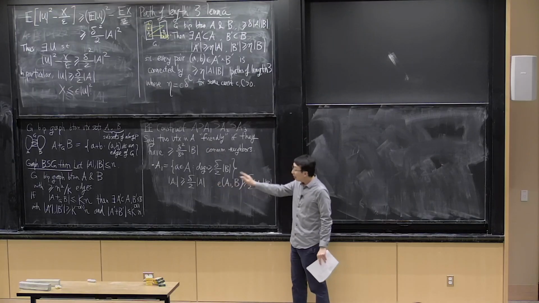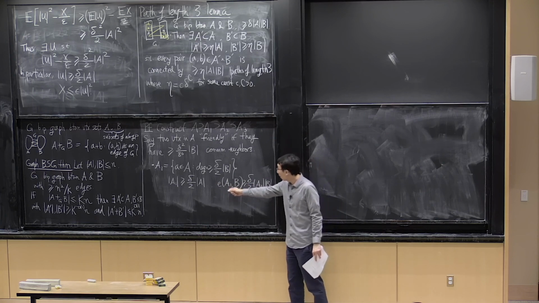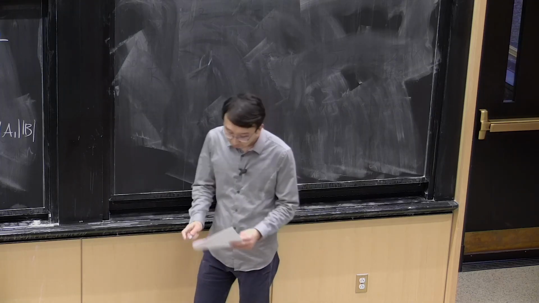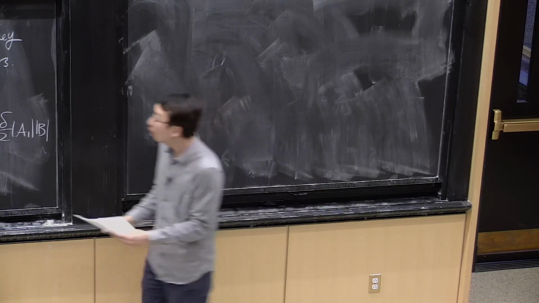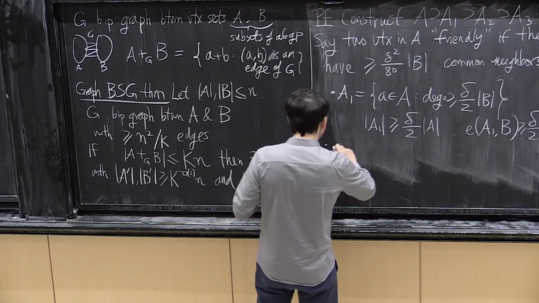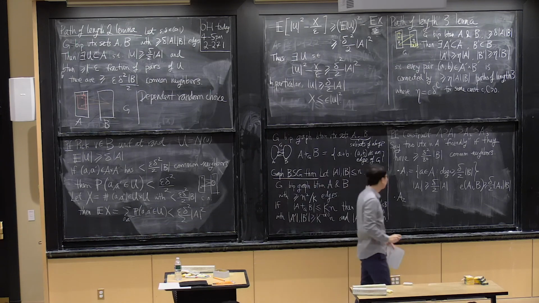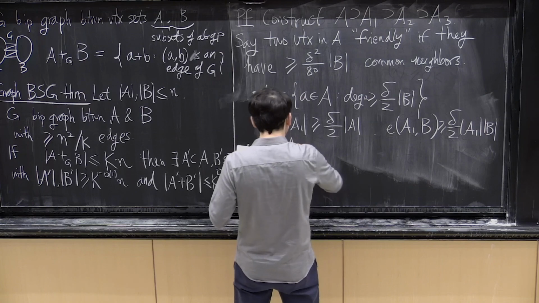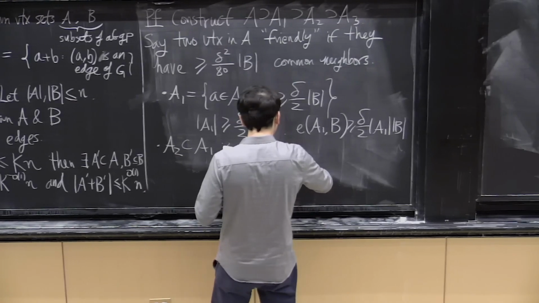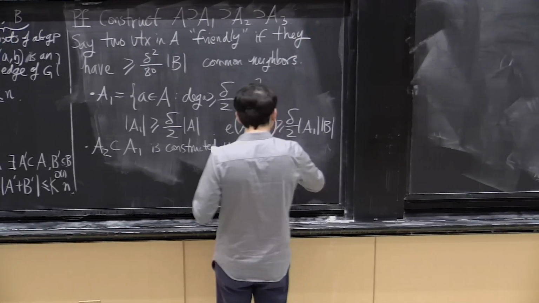And because now you have a minimum degree on A1, the number of edges between A1 and B is quite large, still quite large. So think about passing down to A1 now. In the second step, we are going to apply the path of length 2 lemma to this A1. So A2 is going to be constructed using the path of length 2 lemma.